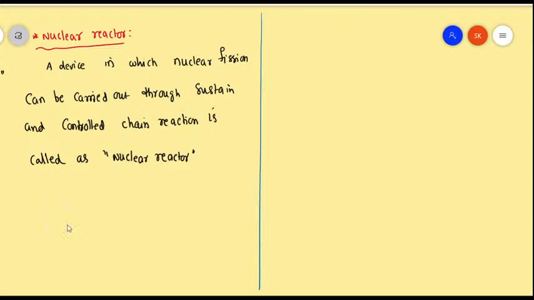And in that, let us discuss the construction. For that, I will draw the diagram, but before that, I will give the parts of the nuclear reactor. A nuclear reactor consists mainly of five parts.